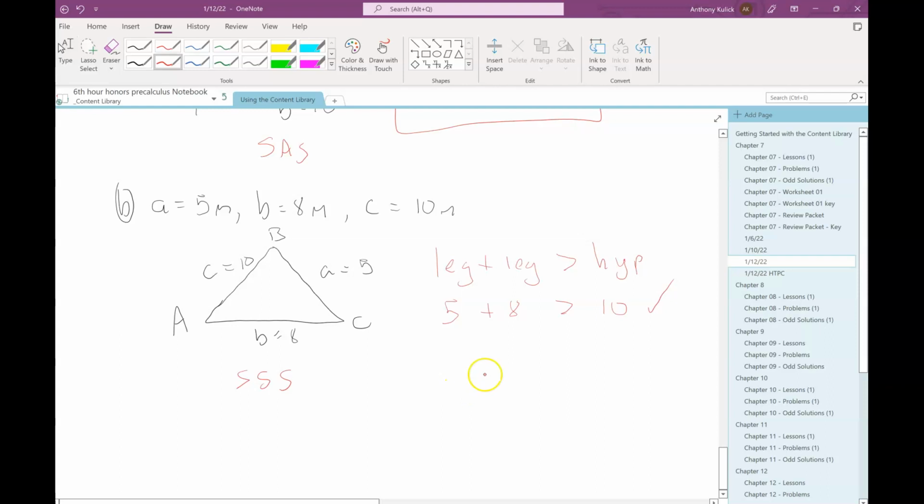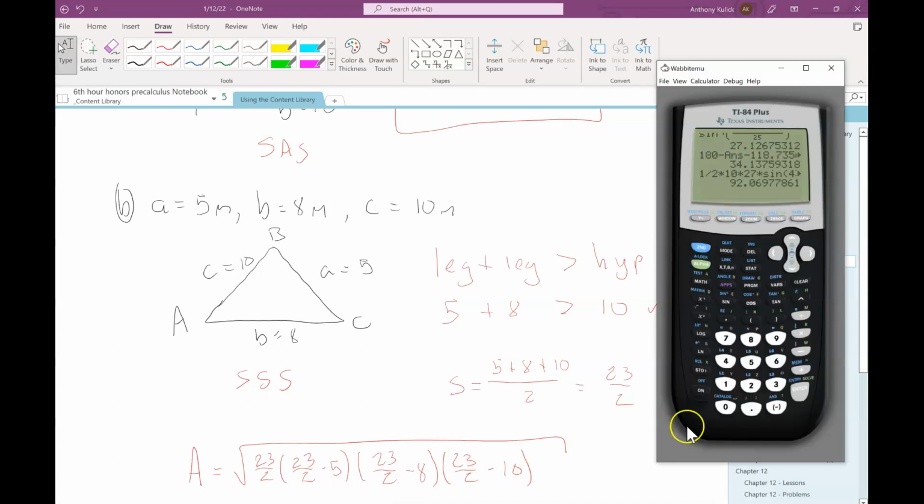All right. So there's that. So this is a triangle. So again, yes, let's start by finding the s. So that's 23/2. So my Heron's formula is going to be the square root of s times s minus a times s minus b times s minus c. And then it's just calculator time. I'm going to take good advantage of the ANS function on my calculator, so I don't have to type in as much stuff.